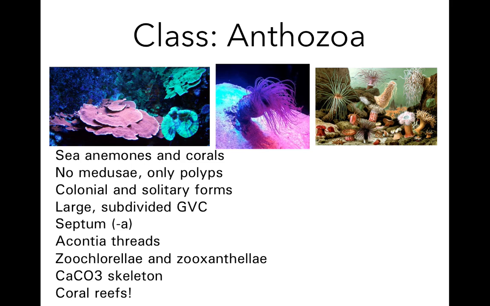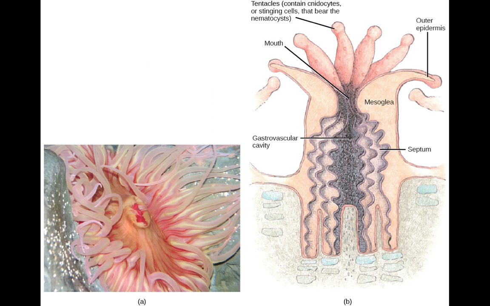So corals, as I mentioned, are colonial polyp form anthozoans. They can form very large calcium carbonate skeletons for protection and produce coral reefs. And there's an amazing diversity of the types of calcium carbonate skeletons that these tiny little animals can build together. I'll show you an example in a minute here.